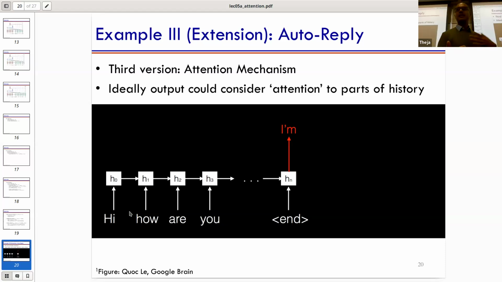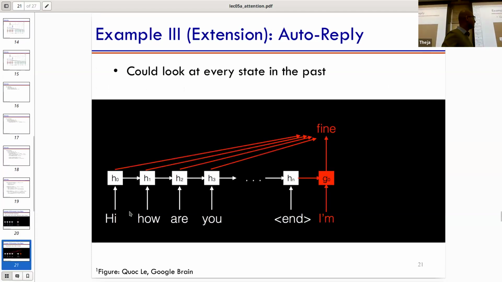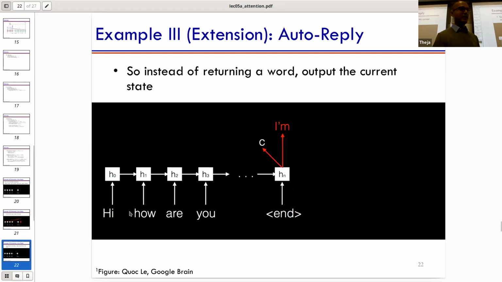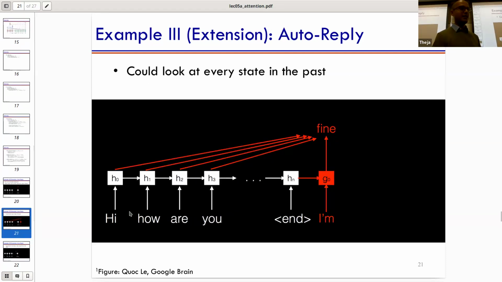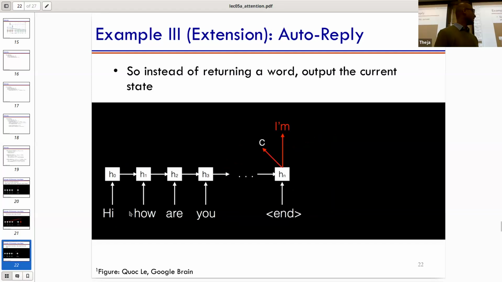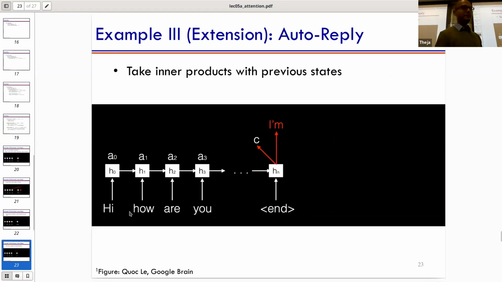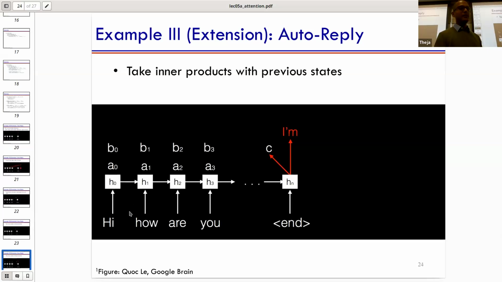So now coming back to that example, it's just showing the same thing that we saw, but for the auto reply example that we had in the previous slide deck. Instead of only the encoder side, we can create inner products with previous states.